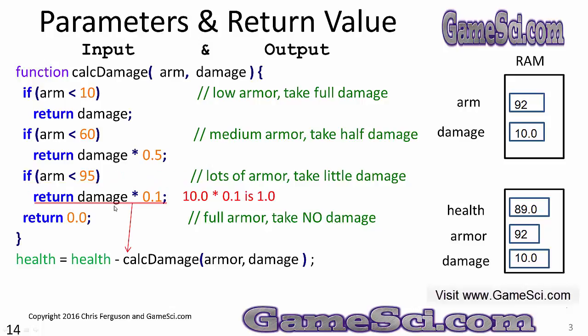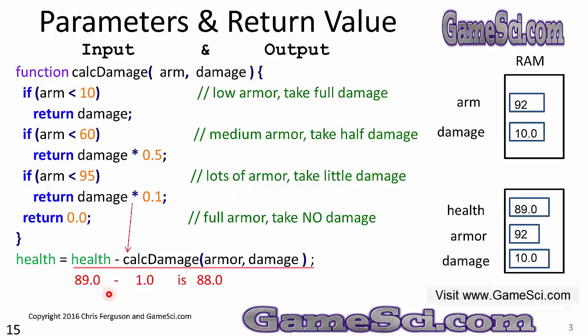We'll execute damage times 0.1. Well, our original damage estimate was 10.0. We only want to take 10% or 0.1 of that and calculate a new damage value of 1.0. We will then return that 1.0 as our damage value. When we have 92% of our armor, we're not going to take too much damage.